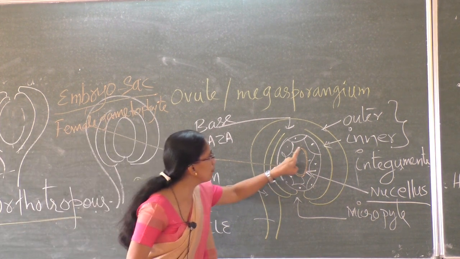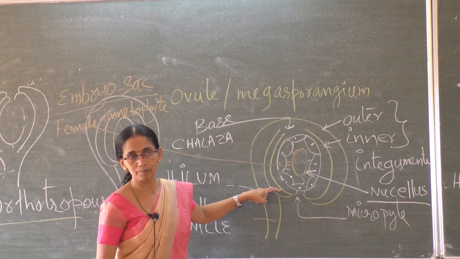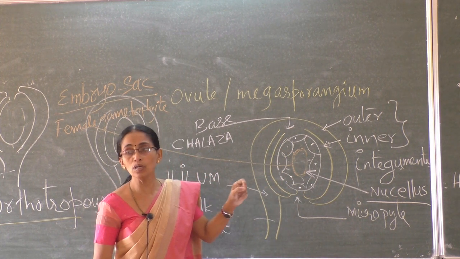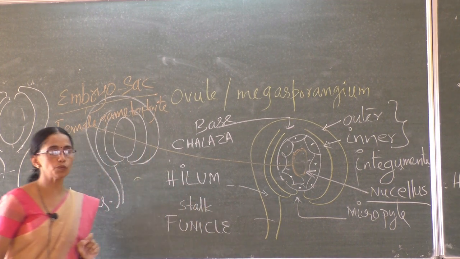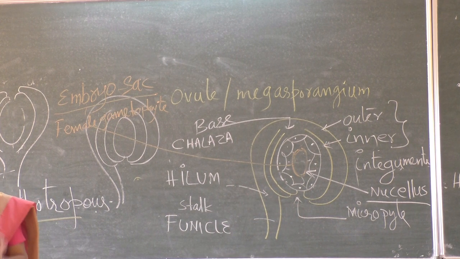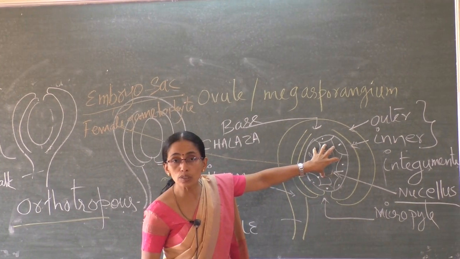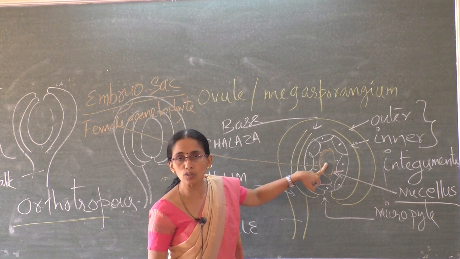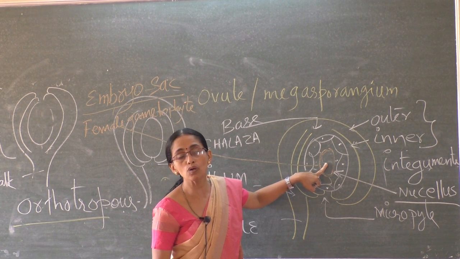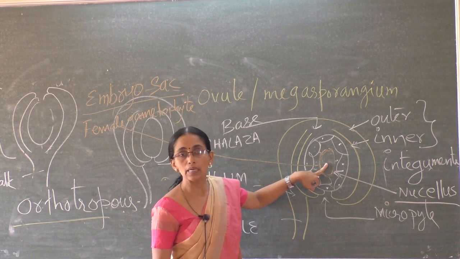Now, how does this embryo sac develop inside the nucellus? That is megasporogenesis, which is the continuation part. So we studied the structure of the ovule. The ovule internally contains a big mass of nutritive cells known as nucellus, which internally contains a structure known as embryo sac, the structure which later holds the embryo, so the name embryo sac.